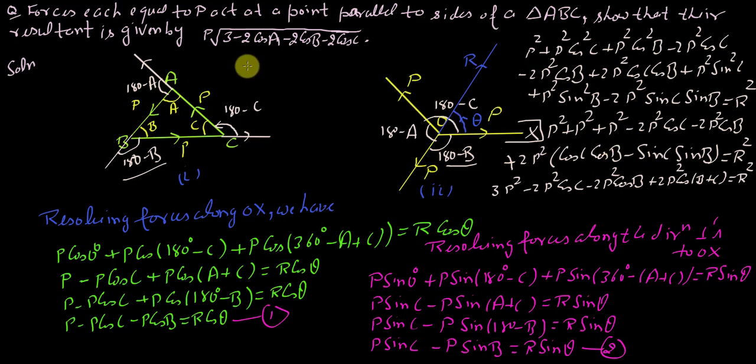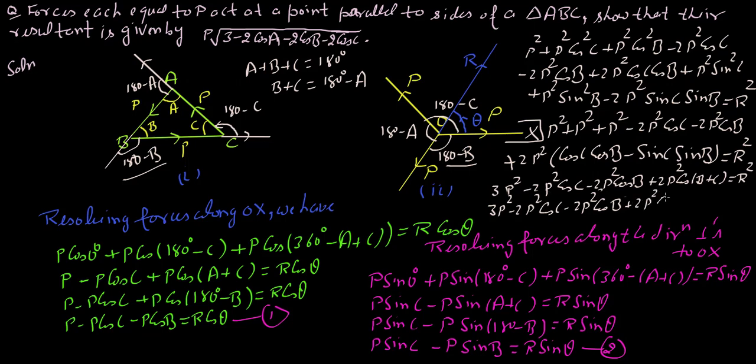And again, the sum of the angles of the triangle is A plus B plus C is equal to 180 degrees. So B plus C over here will be 180 minus A. So it will be 3P square minus 2P square cos C minus 2P square cos B plus, instead of this we will write 2P square cos 180 minus A is equal to R square.